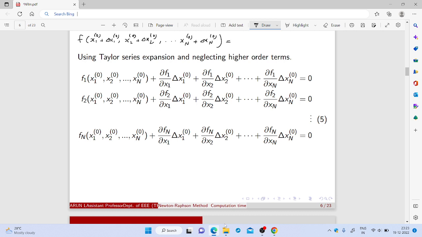This can be expanded as f1 of x1 0 comma x2 0 up to xn 0 plus the partial derivative of f1 with respect to x1 multiplied by delta x1 plus partial derivative of f1 with respect to x2 multiplied by delta x2, like that up to the nth partial derivative here, dou f1 by dou xn into delta xn of 0. Expand all other functions f2 etc. up to fn. So we will get the system of equations shown in equation number 5.